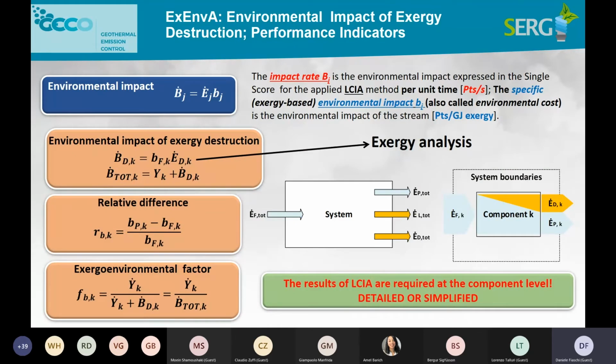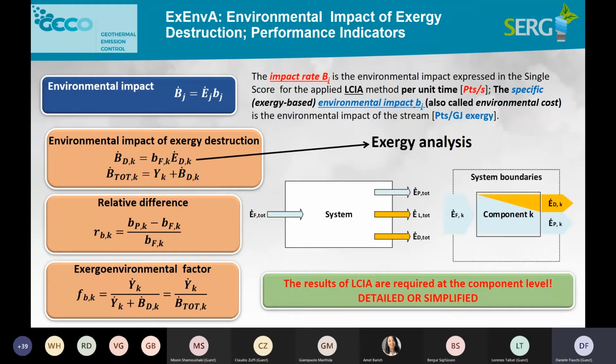As for the Exergo-Economic analysis, two very important parameters are the relative product-fuel increment of impact cost, rB,k, and the Exergo-Environmental factor of the component k, fB,k.